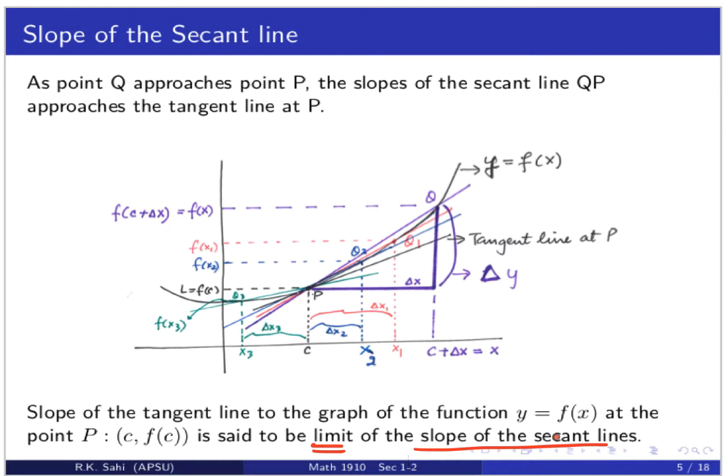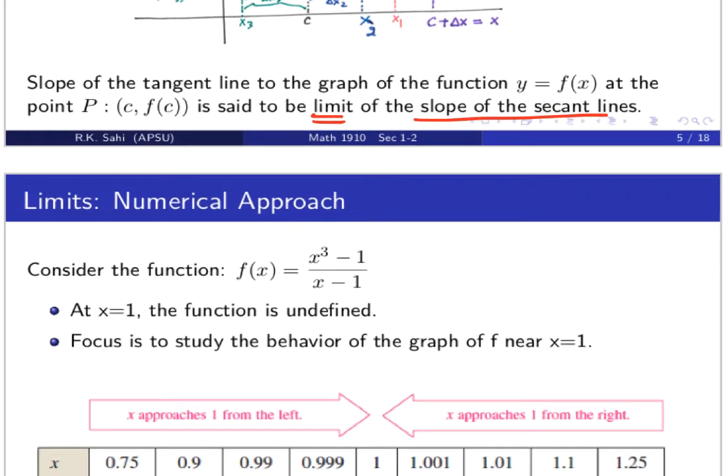Now if you want to look at what this limit is, we have talked about that in the previous lecture. You can go and have a look at that video and the lecture notes. I'm just going to do a simple numerical and graphical example and then go to the rigorous definition.